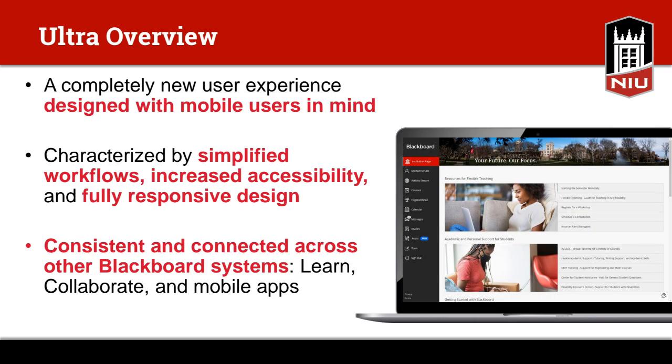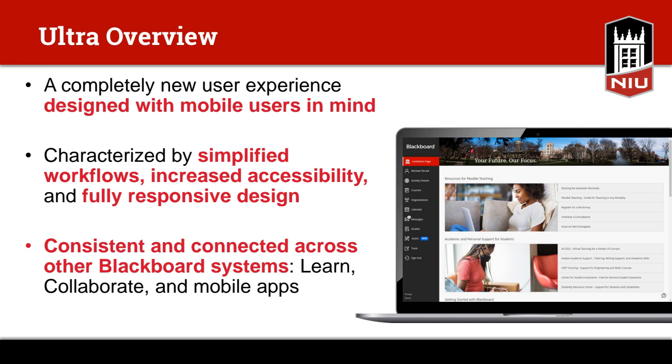So first off, why are we switching to Ultra? Well, a couple of reasons. One is probably the biggest one, right, that the original course view has been here for over 10 years. So it's a dinosaur and we need to update it. Ultra is designed more for mobile computing.